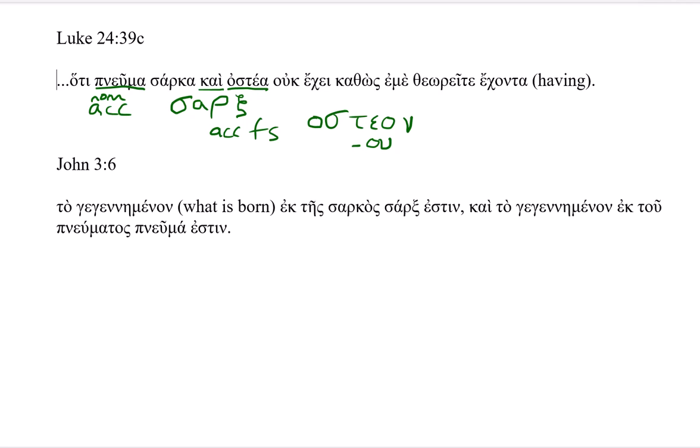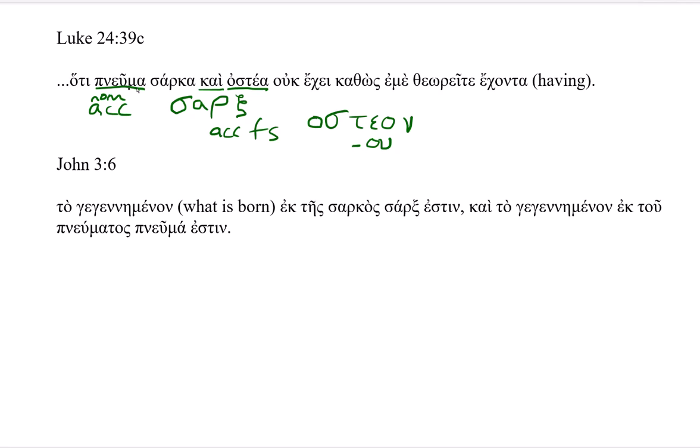And so we have a neuter plural here. This could be either nominative or accusative. Let's see what else is happening here. So we have that a spirit, flesh and bones, ouk echei, and so we have not and then he has. So it looks like the spirit is nominative and the spirit does not have something. So the subject's near the beginning, the verb is later, interestingly.